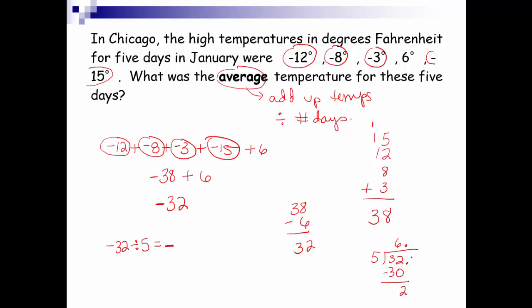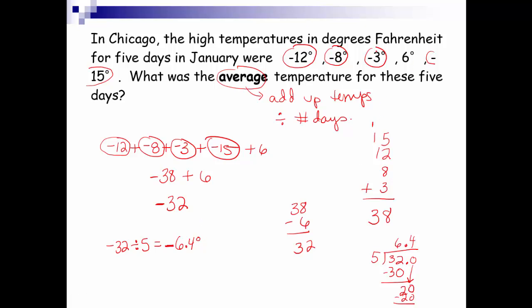Subtract off, we're left with 2. Bring down a 0. 5 goes into 20 4 times. 5 times 4 is 20. So that looks like negative 6.4 degrees Fahrenheit.